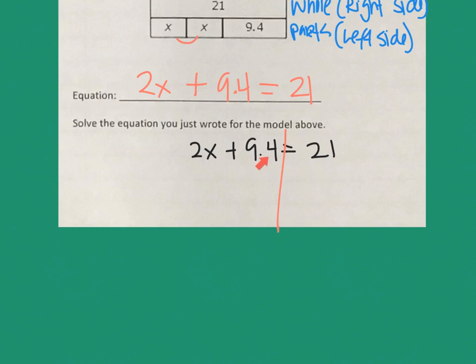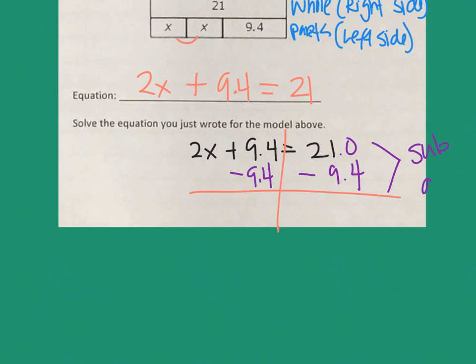I want to get rid of adding or positive 9.4. The opposite of that is negative 9.4 or subtract. I'm going to line this up because the 21 didn't have a decimal. So when I line it up, I'm going to make it have one. When I get ready to do these two numbers, one is positive and one is negative, so I'm going to subtract because they are different.